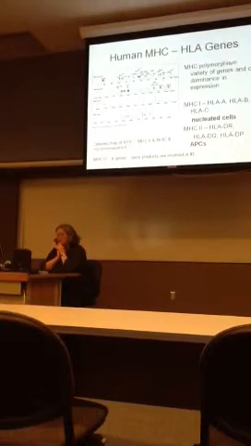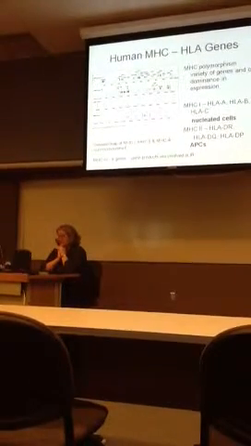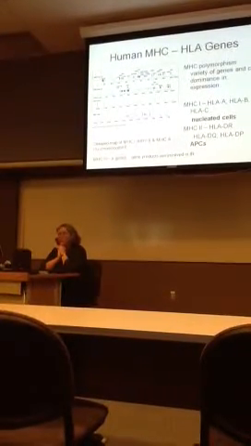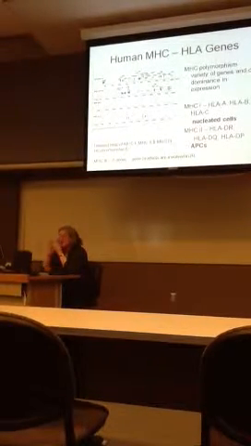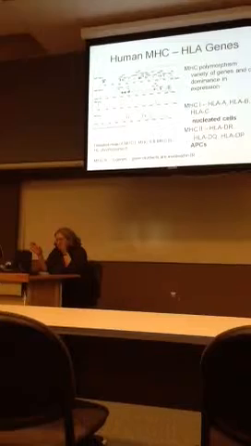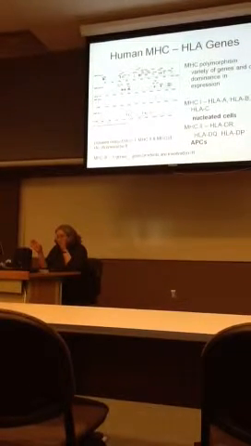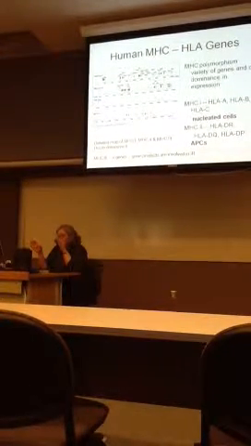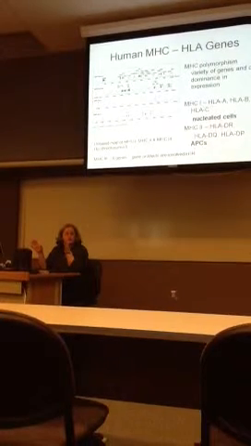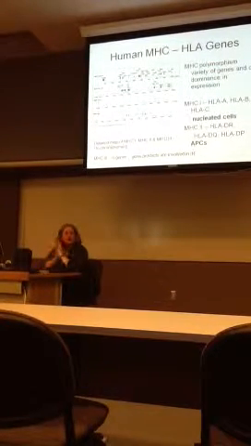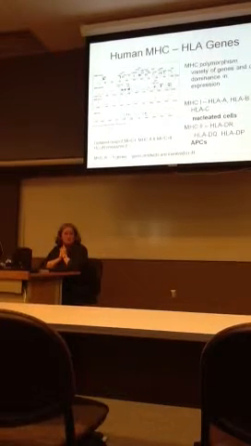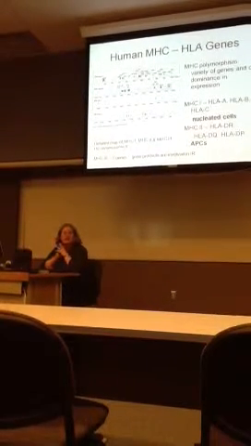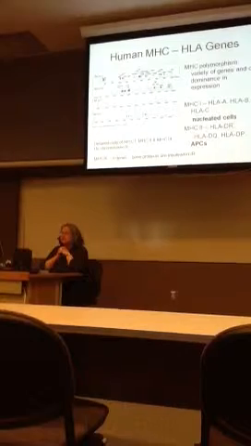There's a large number of different genes in that complex. And every gene that's inherited, and you inherit two alleles of that complex, two alleles of that chromosome from both parents. Every gene you inherit is expressed. They are all codominant. Okay, so that's going to lead to a lot of variety.